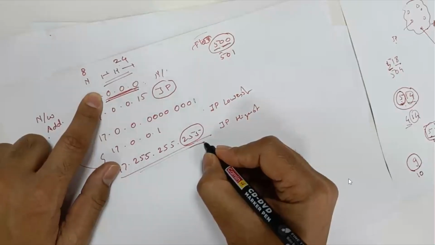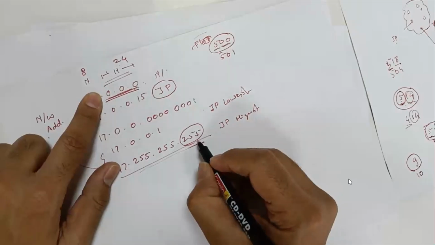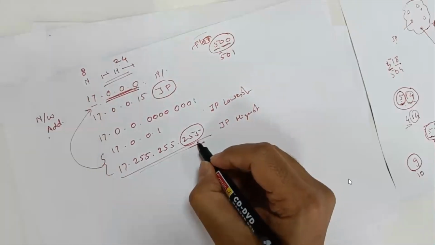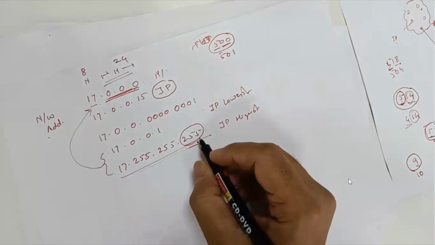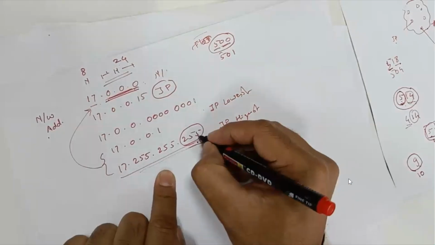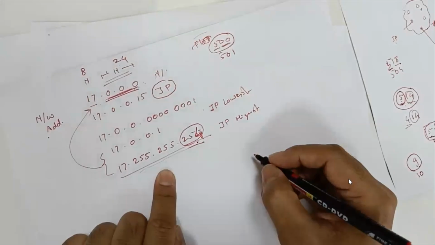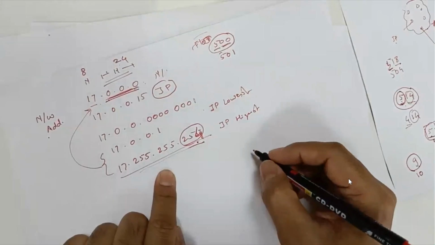As this is the broadcast IP address, you cannot assign it to a particular machine. So what is the maximum address that you can assign in this network? This is 1 less than 255, so that is 254. Got this concept?